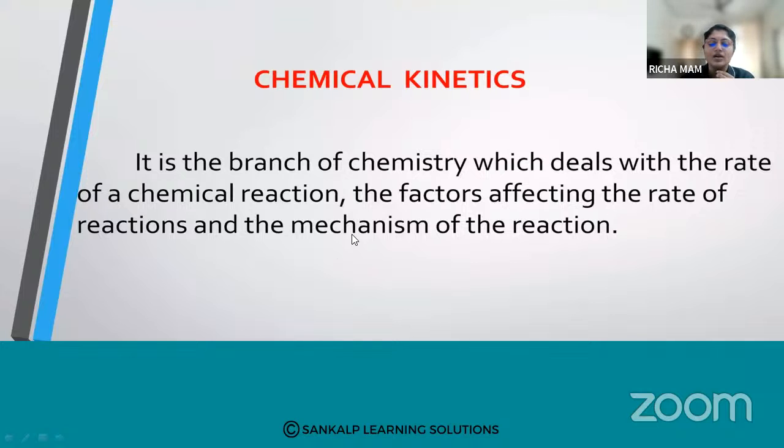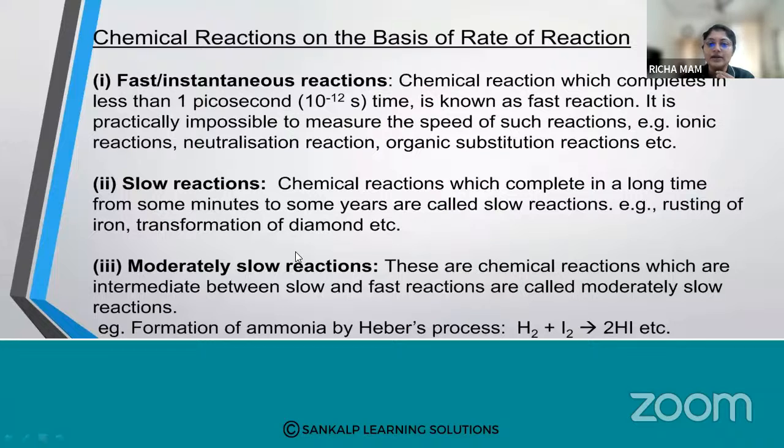Firstly, we are going to study chemical reactions on the basis of rate of reaction. The rate can be fast, it can be slow, or it can be moderately slow. You have seen different chemical reactions, right?